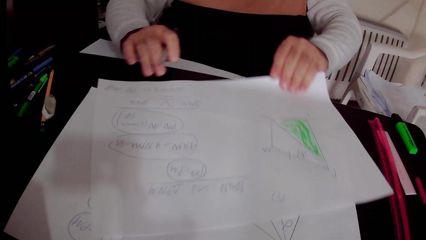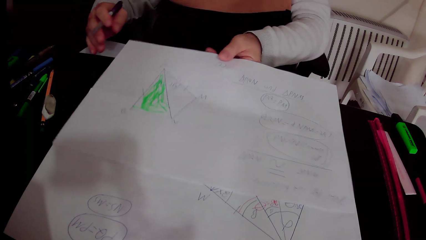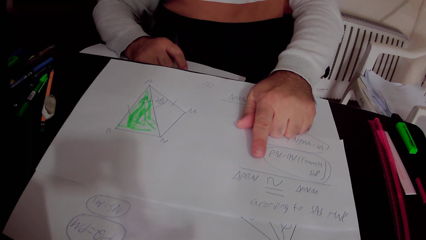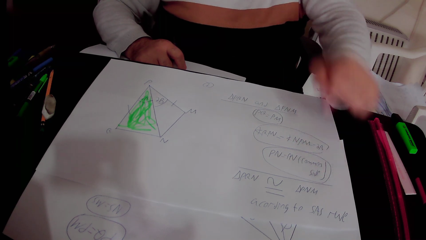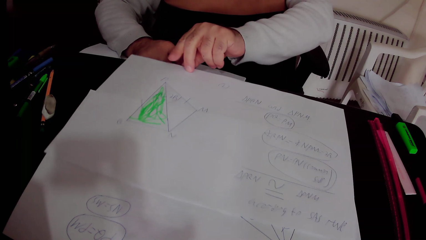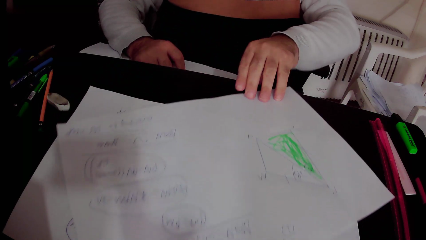I repeat again, we proved that the green triangle PQN is congruent to the white triangle PNM according to the side rule. So what is the side rule?